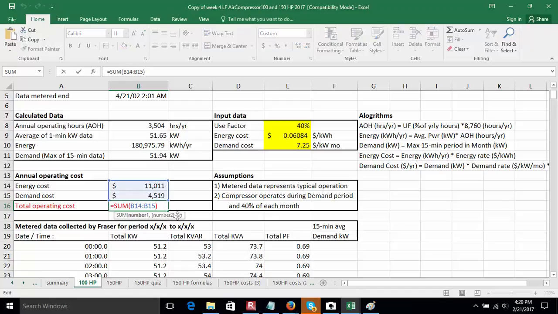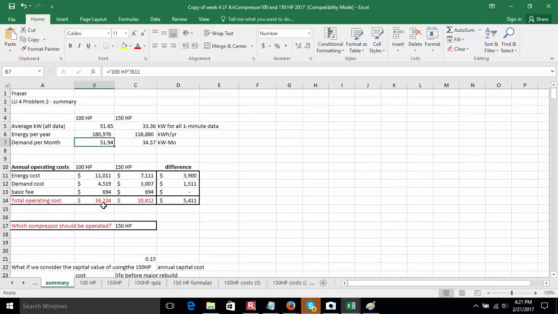And then your operating cost is your energy cost plus your demand cost. So to run, and these numbers are a little off because of the previous year's utility rates, it's $15,529 to run the 100, plus the service fee, about 16. So that's what it costs to run the 100 horsepower: $16,000 a year.